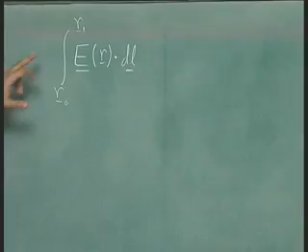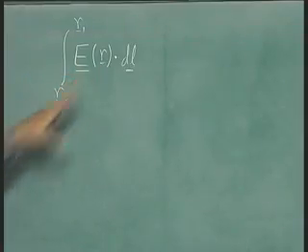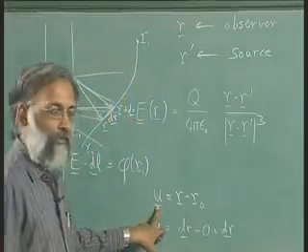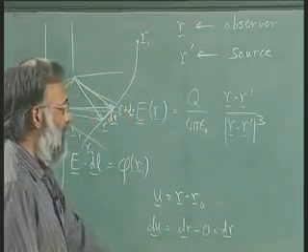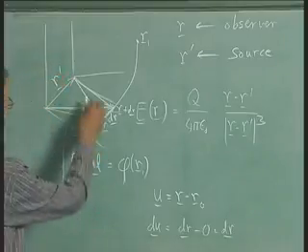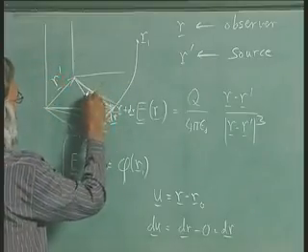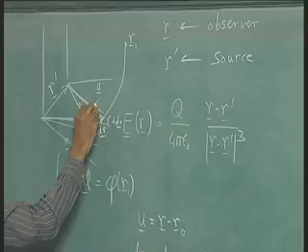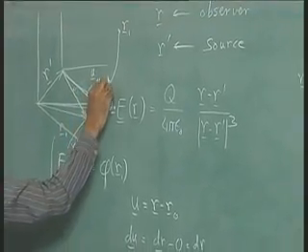Now, I will change my coordinates. I will go to this coordinate system, u equals r minus r prime. So, that is like working in this coordinates, because this is u and this is u plus du.